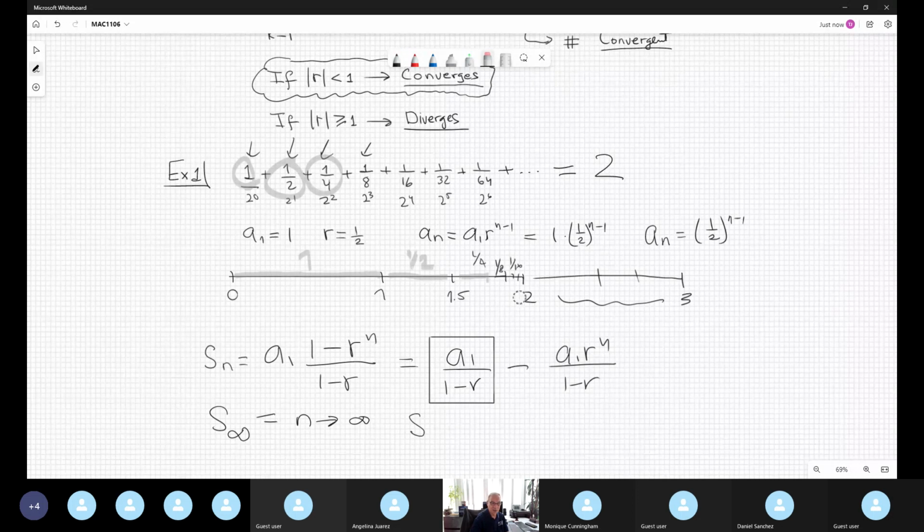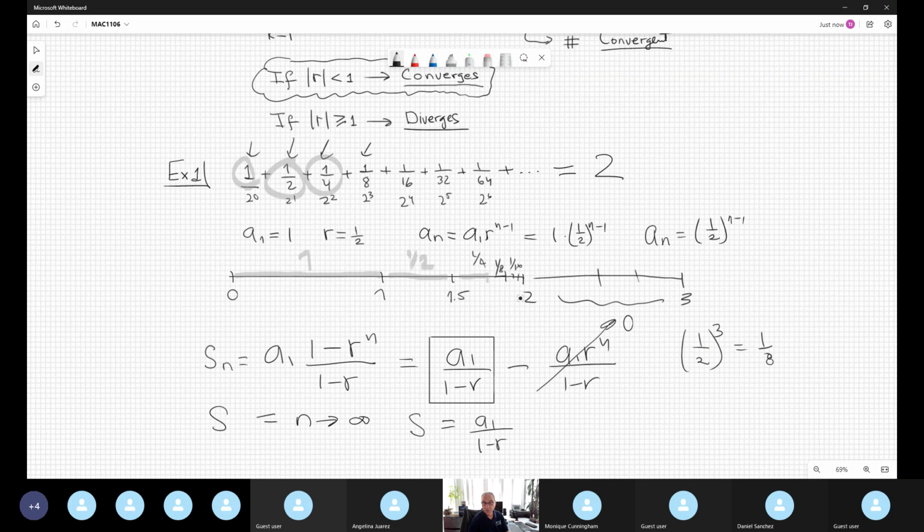So S at infinity. Normally, in the book, they never put the infinity here. You put capital S, and everyone understands that it's at infinity. It's A1 over 1 minus R, and that part is going to 0. Why is it going to 0? Because R is less than 1. For example, when you have 1/2 and you raise it to the third power, it's 1/8.